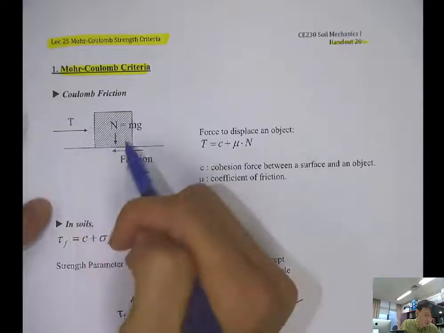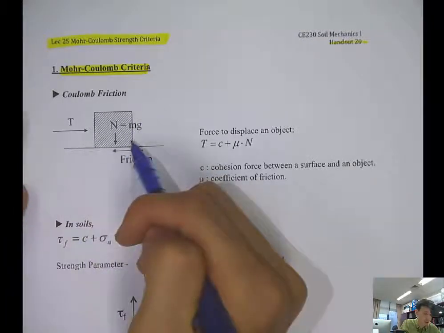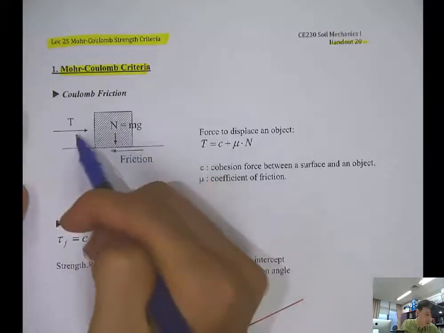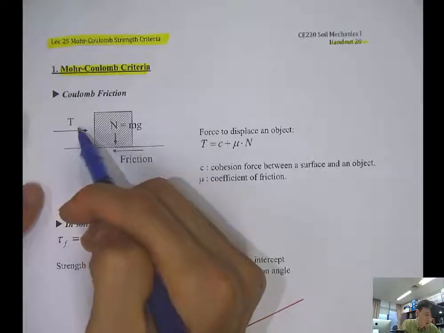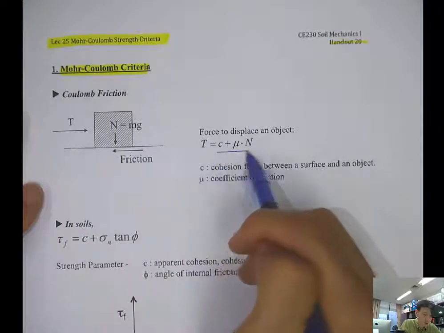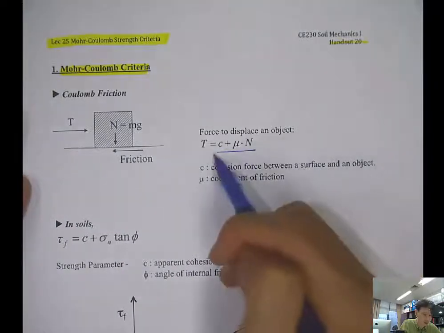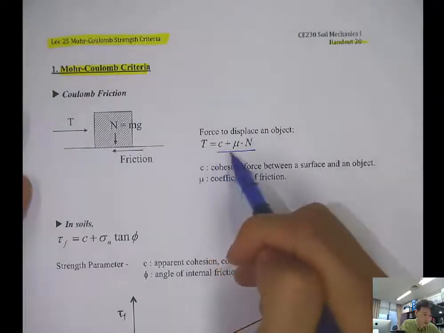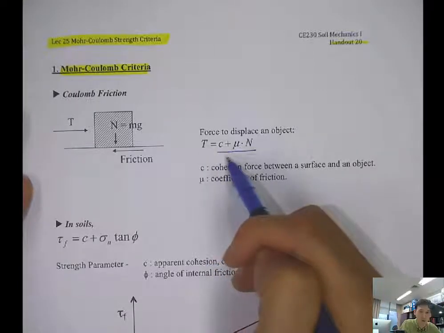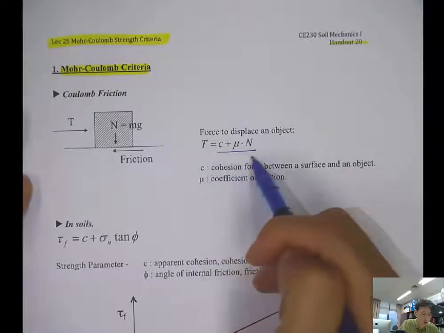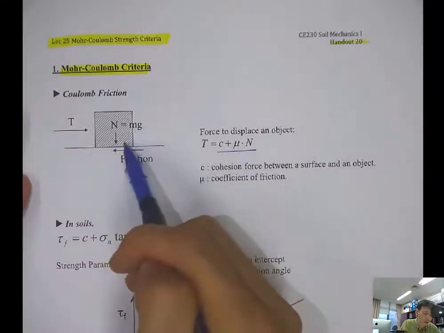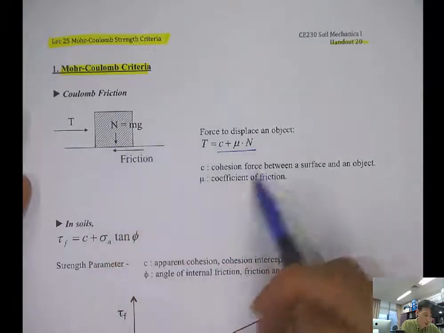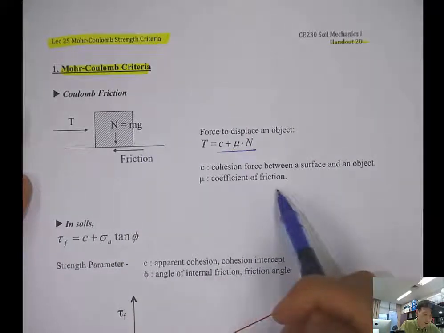To displace this object with the force T, you have to increase T to this amount. So the force T to displace an object is C plus mu times N, where N is the normal force from the weight of this object, and mu is the coefficient of friction.